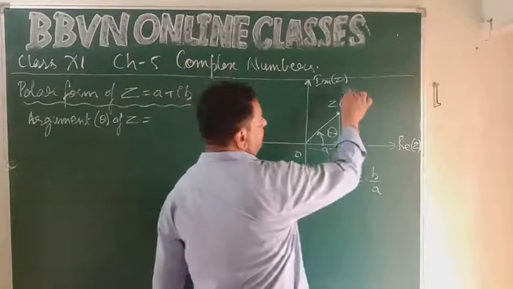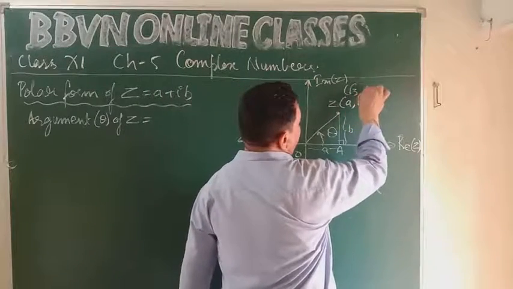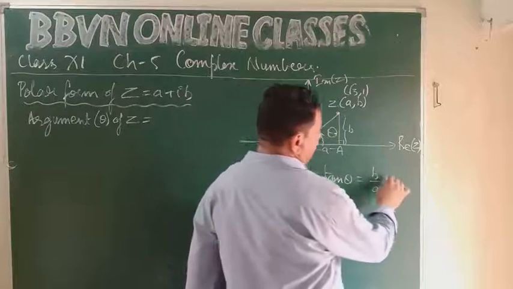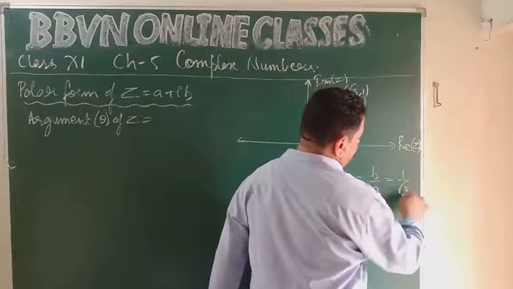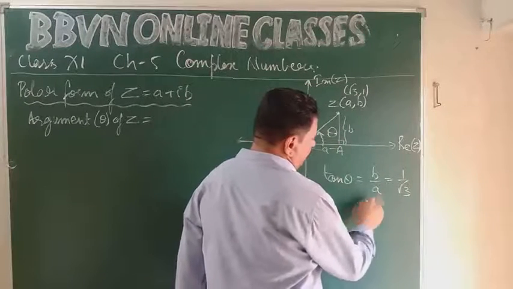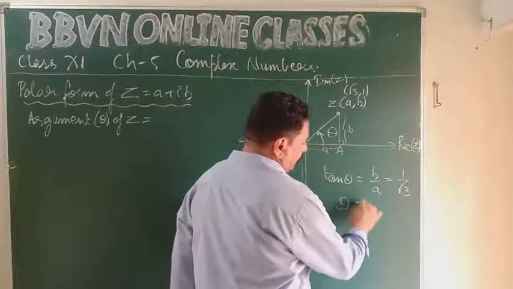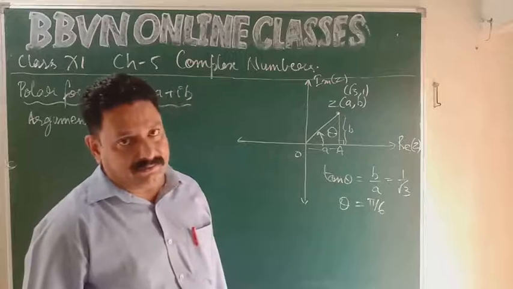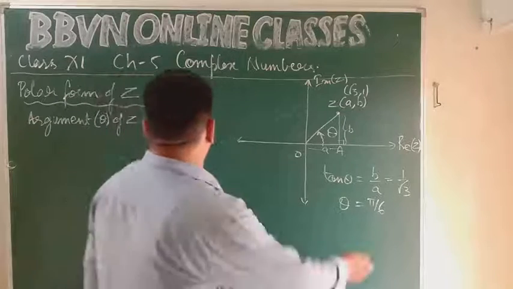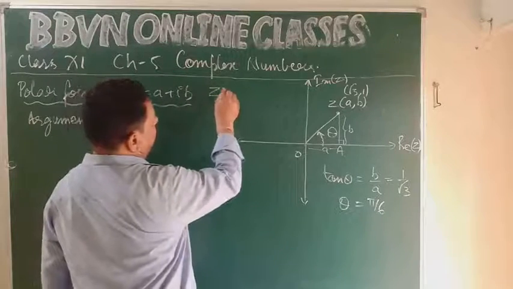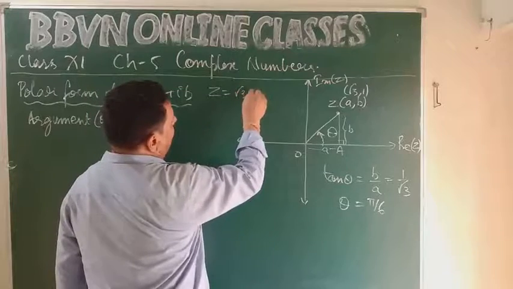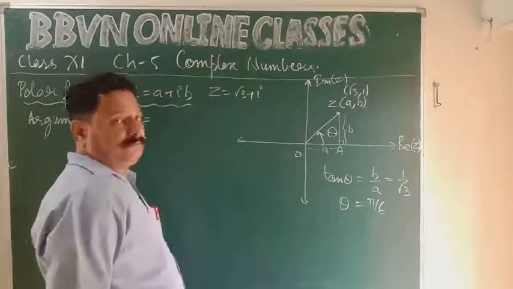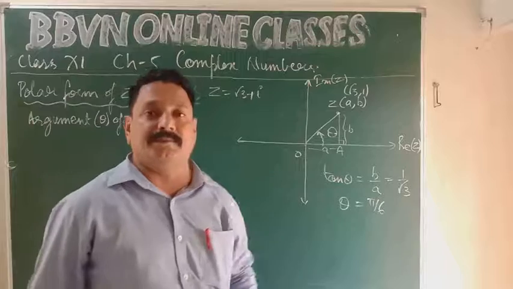Say for instance, this is under root 3 and this is 1. So this becomes 1 upon under root 3. So tan theta is equal to 1 upon under root 3. So theta will be equal to pi by 6, 30 degrees. So if we have a complex number, for example, z is equal to under root 3 plus iota, a is under root 3 and b is 1.